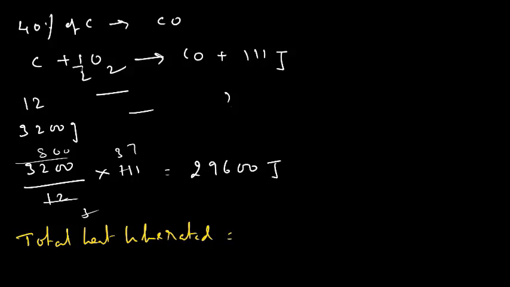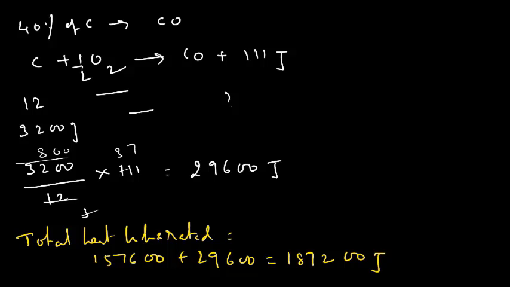Now, total heat liberated equals the previous value plus this one. Previously, how much did we get? 157600 plus 29600. So this is nothing but 187200. This is in joules. So this joule can be converted into kilojoule. 1 kilojoule equals 1000 joules.